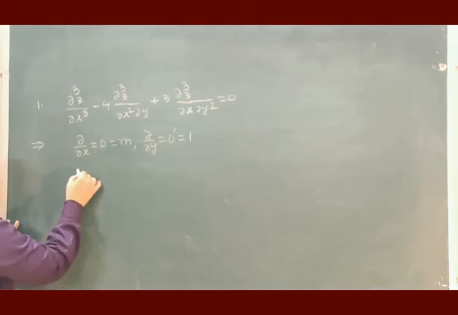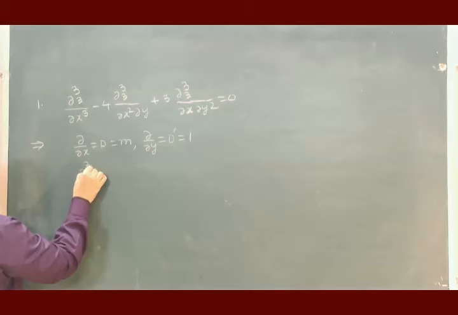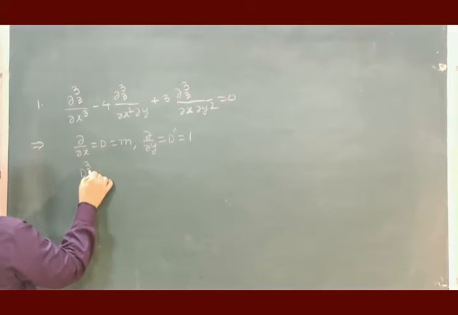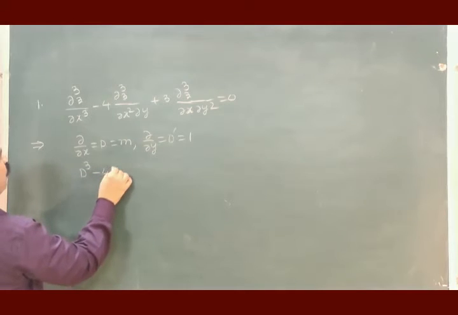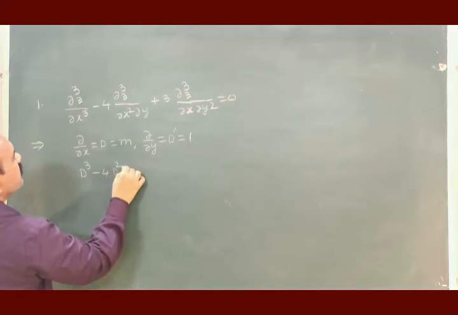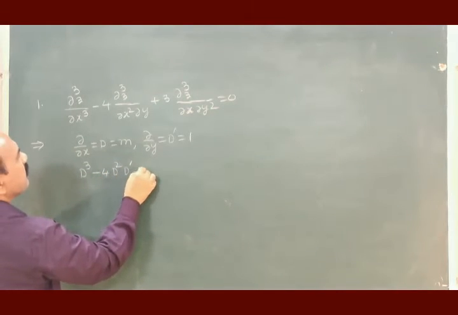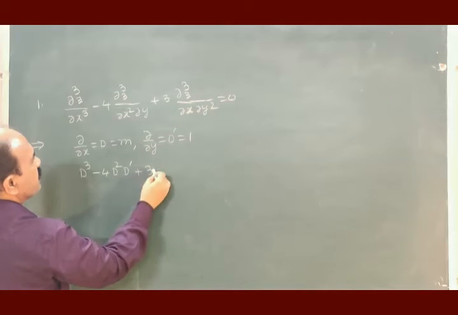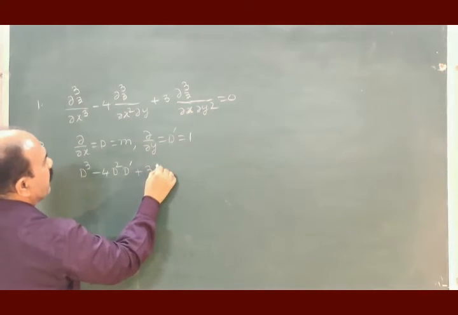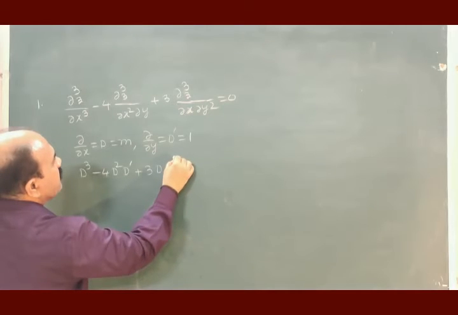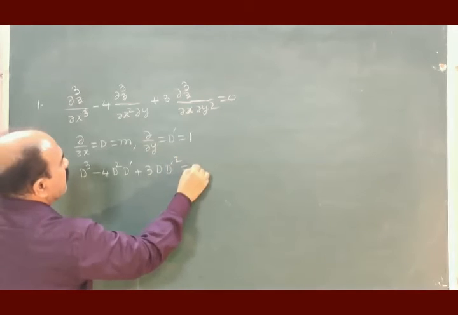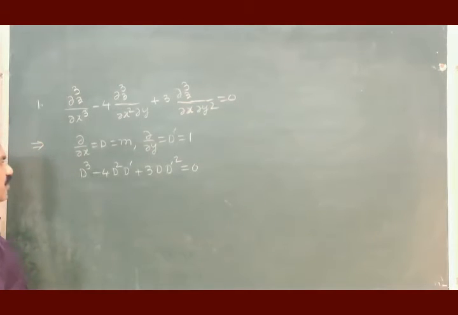So it will be D cube minus 4 D square D dash plus 3 D D dash square is equal to 0.